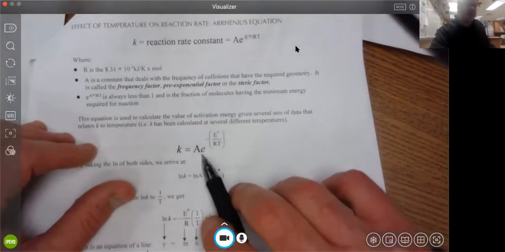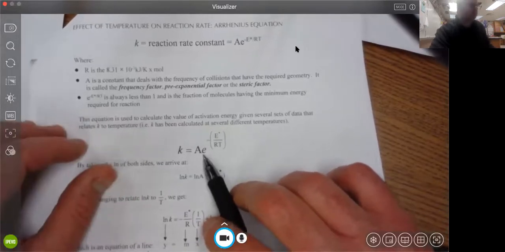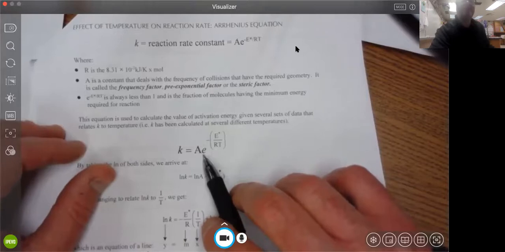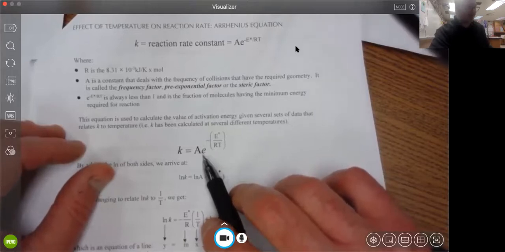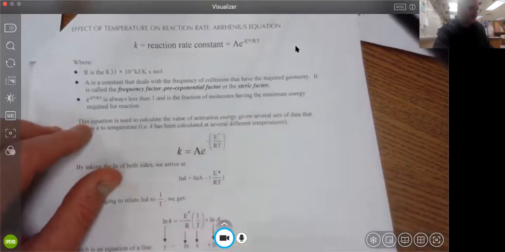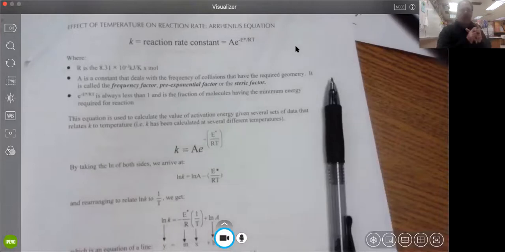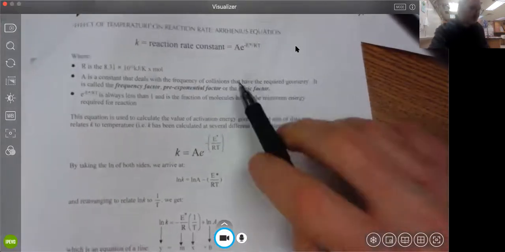A is basically how well your reactants are at colliding and being successful. They call it the frequency factor. Steric basically means if something is going to get in the way of the collisions, so steric factor is another term for that.